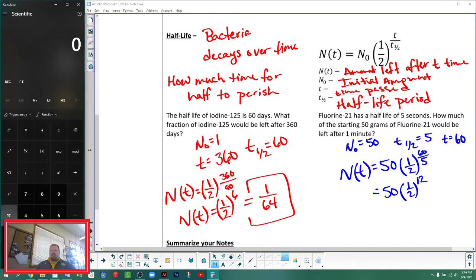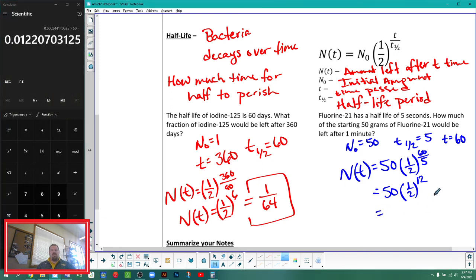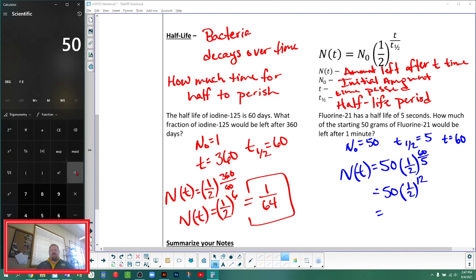I'm actually going to do the 1/2 to the 12th first. It's going to be a very small decimal, and I'm going to multiply that by 50. So you might think, well, there's not much left. Kind of. What this comes to be is 50 divided by 2, divided by 2, divided by 2, divided by 2, 5, 6, 7, 8, 9, 10, 11, 12.